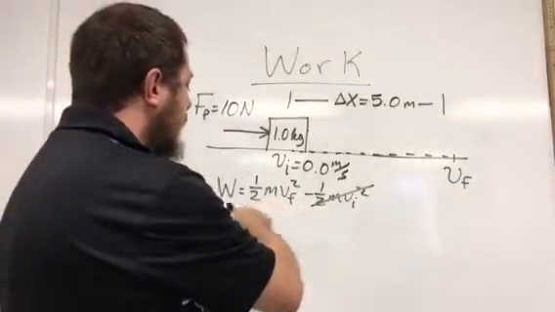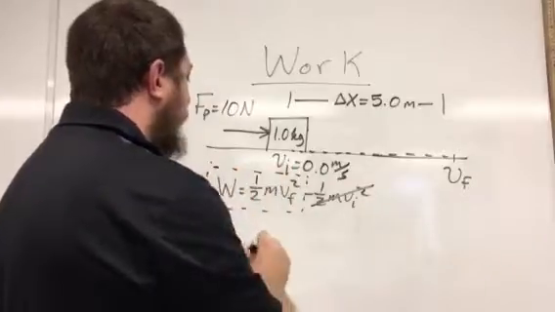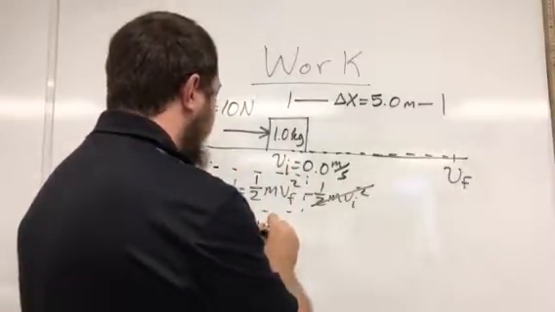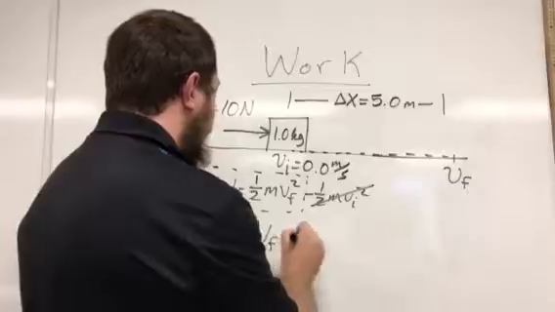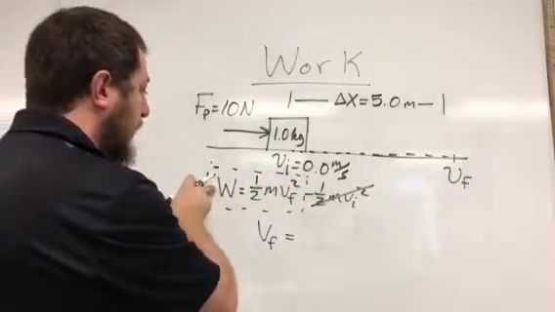And if I solve this equation now for Vf, what I'm going to find is that, multiply both sides by 2, so I'm going to get a 2W.